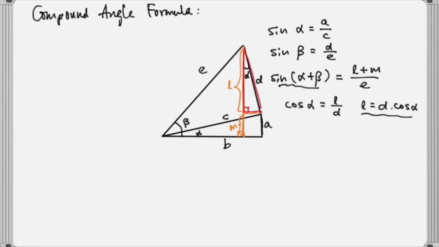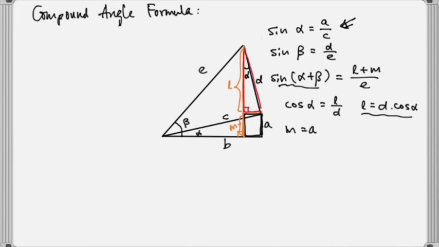What about M? Well, M is equal to A, right? Because this thing here is basically a rectangle, so opposite sides are equal to each other. M therefore is equal to A. But I want to somehow relate A back to C. Well, we have it right here, right?